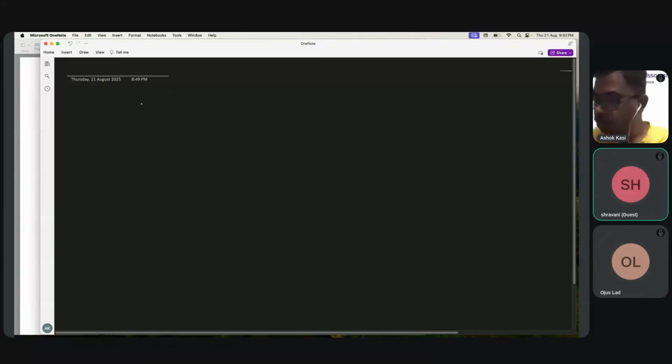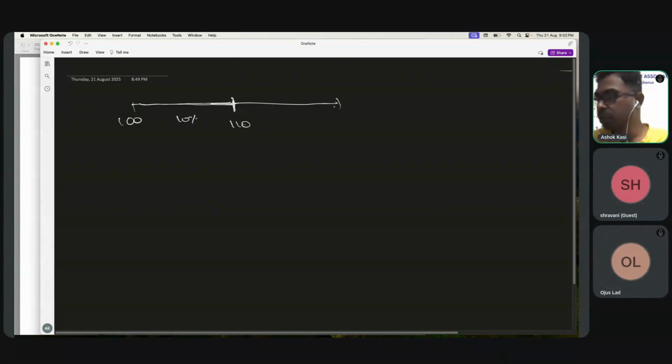Okay. See, let's say you are investing 100 and then it went up by 10%, it became 110. Then again, it went down by 20%. So just take 110 minus 20%. How much is it coming to? 88.